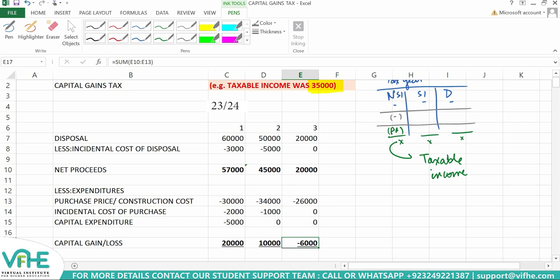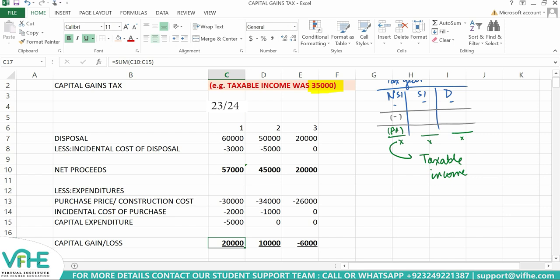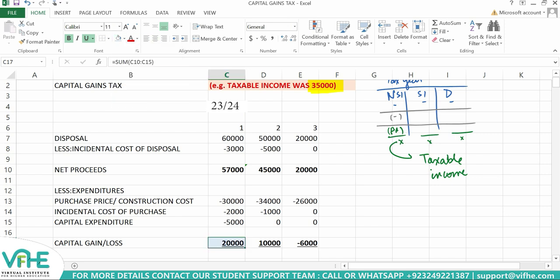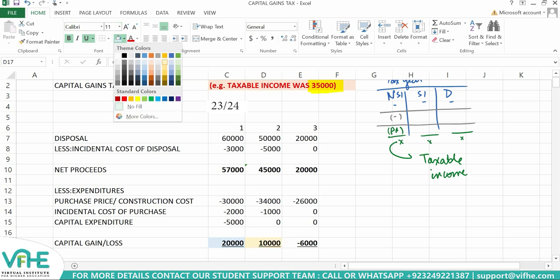So once again, the format of computing a gain or loss is pretty straight and very simple. But keep this in mind that all those assets which have been sold by a UK resident individual in the same tax year are to be calculated first. And then I am going to see how many assets have been sold at a gain. There are two assets which have been sold at a gain. The first asset is sold for a gain of £20,000, while the second asset has been sold at a gain of £10,000.